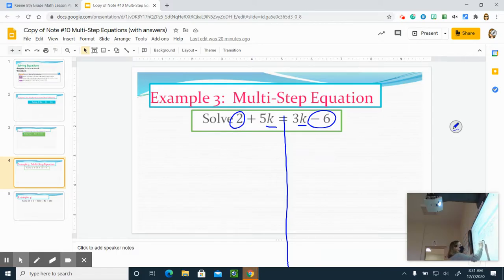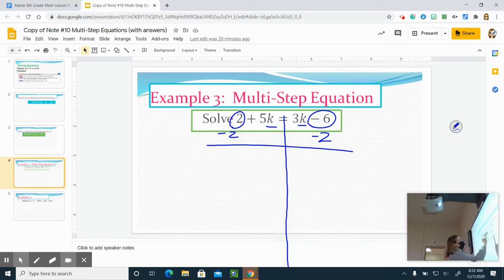Now, when I subtract 2 from the left, 2 minus 2 is going to eliminate. Now, on the right side, I have to subtract it from the term that is similar. So the 2 does not have a variable with it, so I want to subtract it from the other term that doesn't have a variable with it as well.